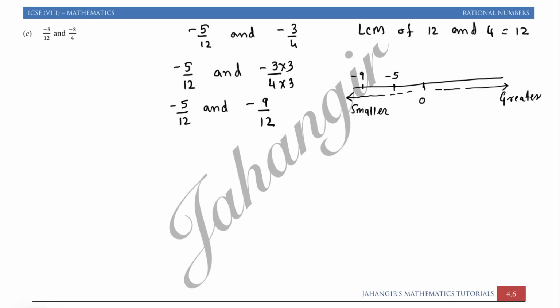Here many students make mistakes. They just think minus 9 is greater than minus 5. But in reality, minus 5 is greater than minus 9 by 12. So writing in simplest form, minus 5 by 12 is greater than minus 3 by 4.